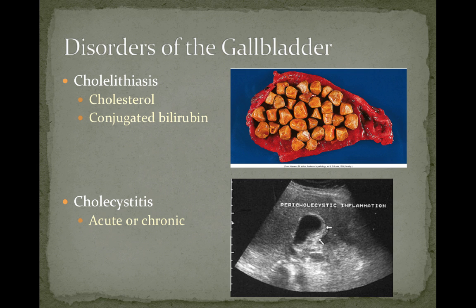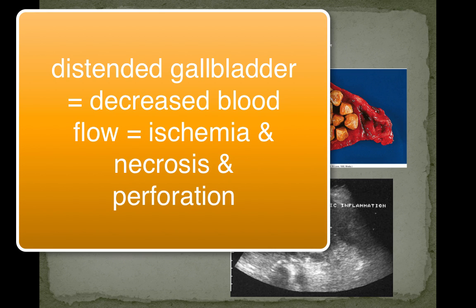common bile duct. Cholecystitis is almost always caused by obstruction of a stone in the cystic duct. The gallbladder itself will become distended and inflamed. The problem with that, and the reason why many times the gallbladder is removed, is because pressure against the distended wall of the gallbladder decreases blood flow, and that can cause the gallbladder to become ischemic and necrotic, and once it becomes ischemic and necrotic, it can perforate.